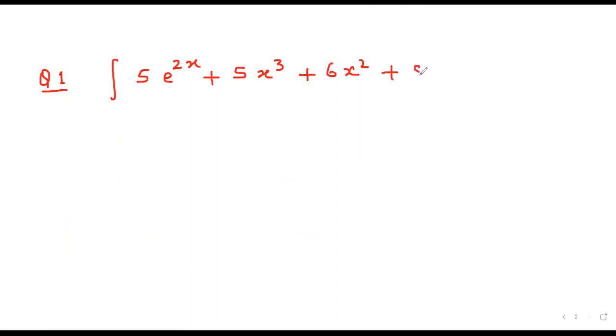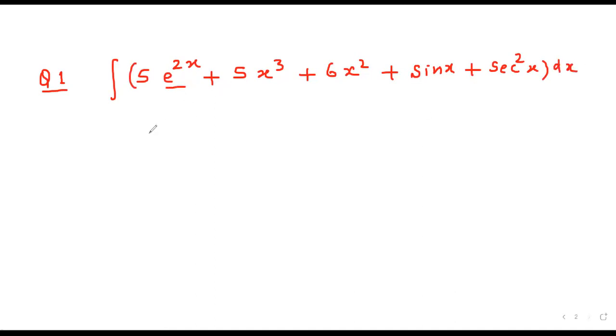Now let's do some questions. Suppose we are given the integration of 5 e power 2x plus 5x cube plus 6x square plus sin x plus sec square x, whole dx.